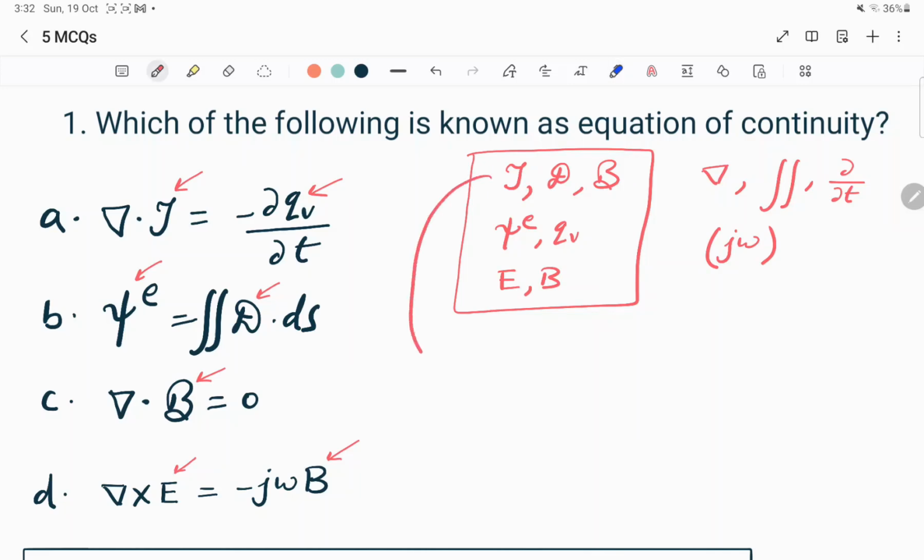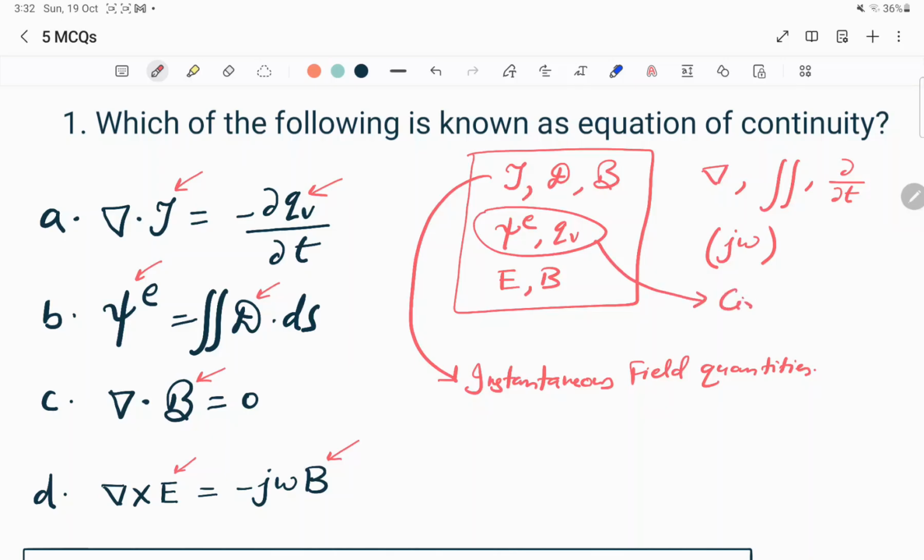So these three sets of quantities are instantaneous field quantities. Okay, these two, they are circuit quantities. And these two, they are complex field quantities.